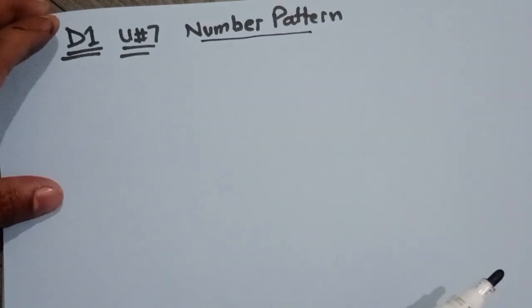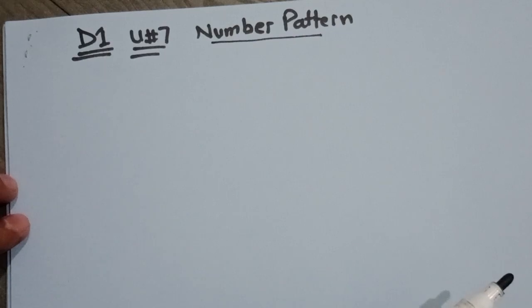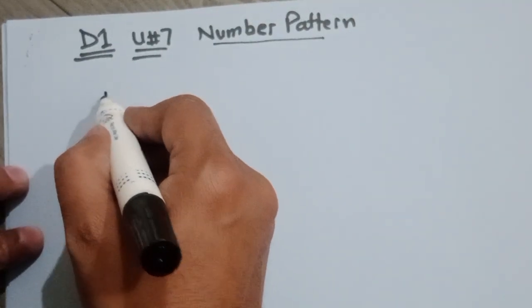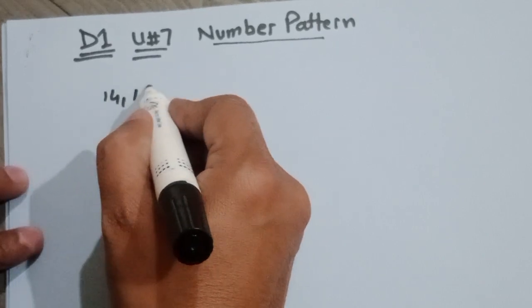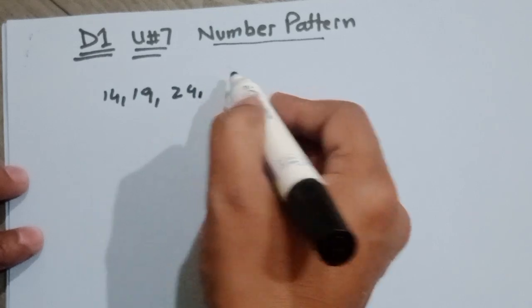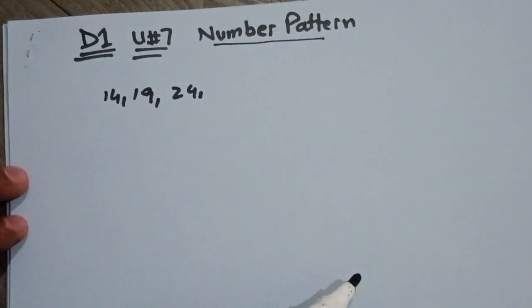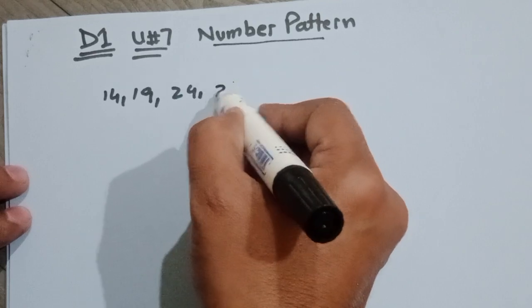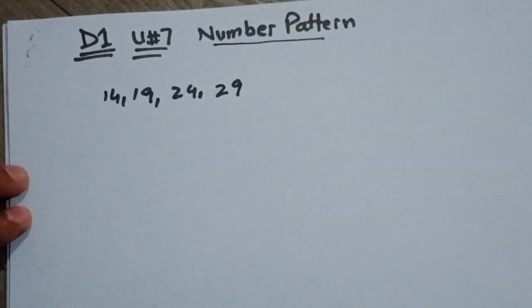Similarly, if you are given a particular pattern, like 14, 19, 24, these numbers are given in a sequence, in a pattern. What pattern is between them? They are following some particular rule for writing the next value.